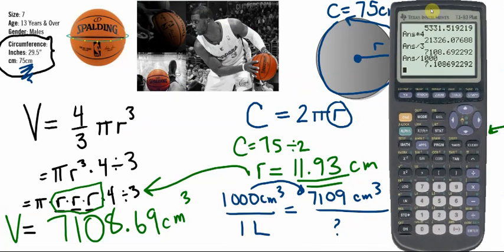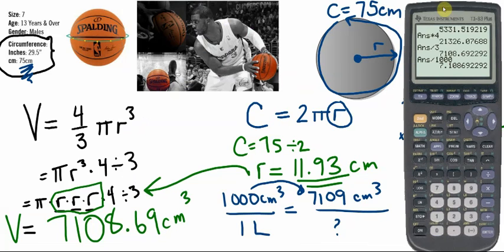That means, in capacity, a basketball has roughly 7.1 liters of air inside.